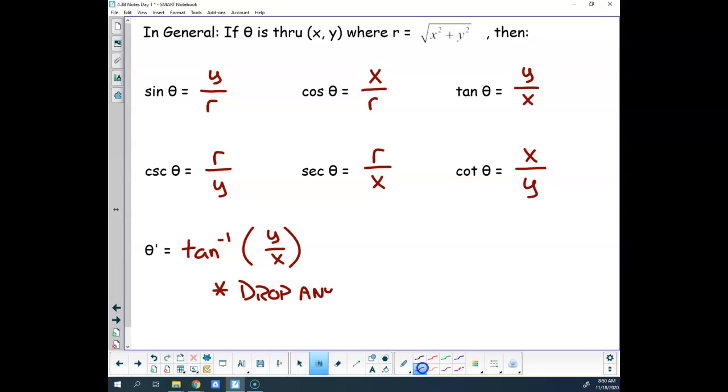You got to drop any negatives. So in that last one, x was negative 5. In the inverse tangent, we would make it positive 5. Okay? We drop negatives when we use that.